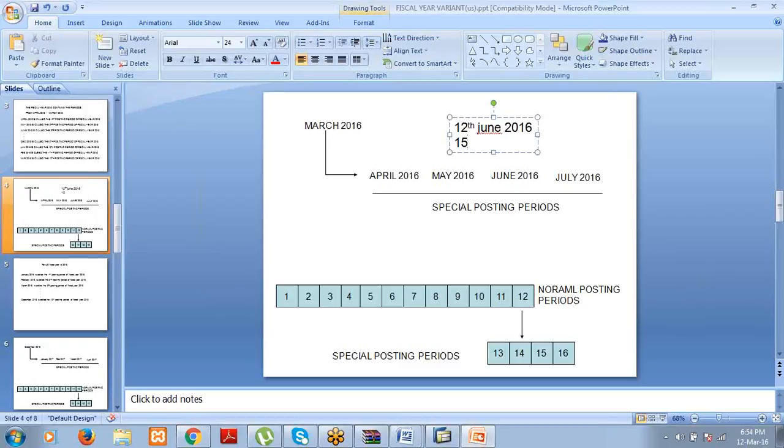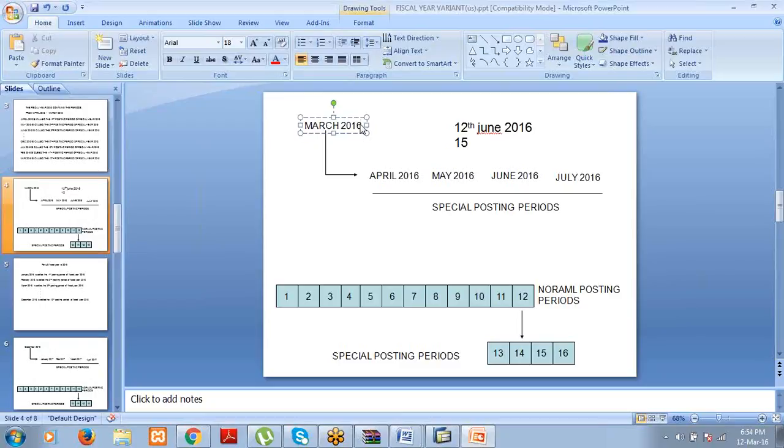Now, when you post any adjustments in any of the special periods, those adjustments are posted as on the last day of the last posting period of the fiscal year. In our example, that adjustment will be posted on 31st March 2016 in the case of Indian companies.